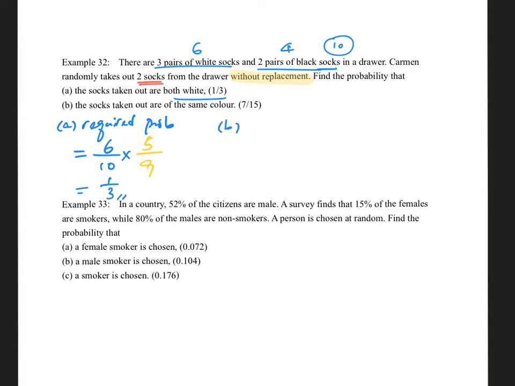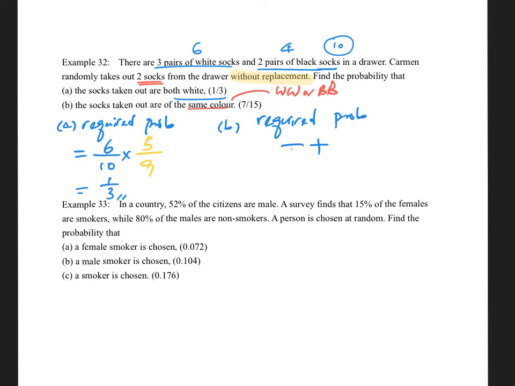Not very difficult, right? Next, another situation would be you want to get the same color. Same color means white white or black black. So there are 2 situations, right? That's why the required probability consists of 2 parts added together.